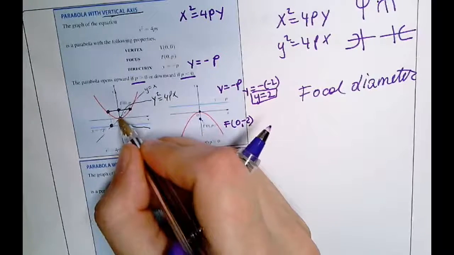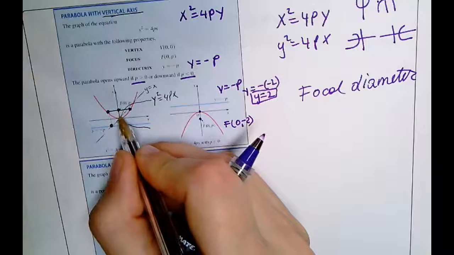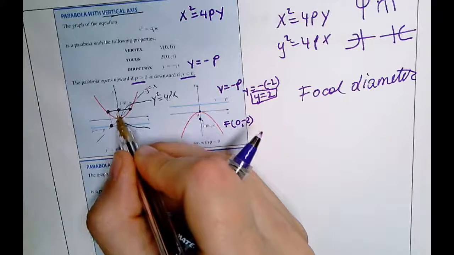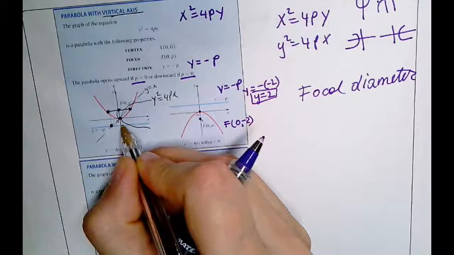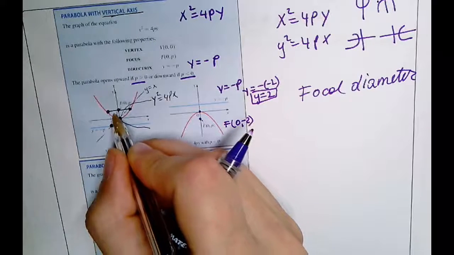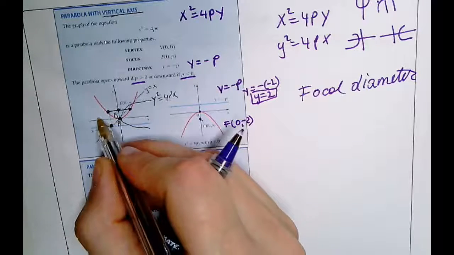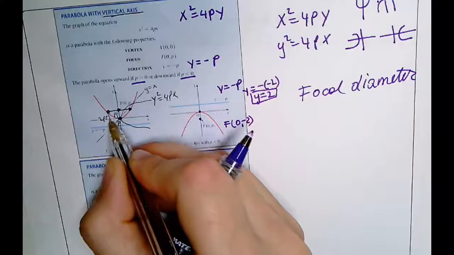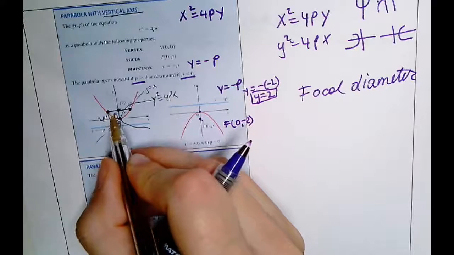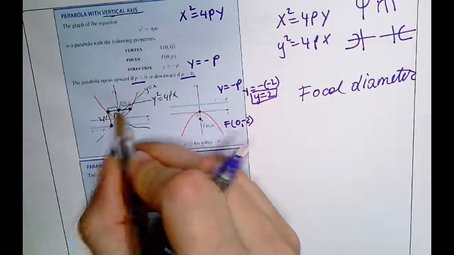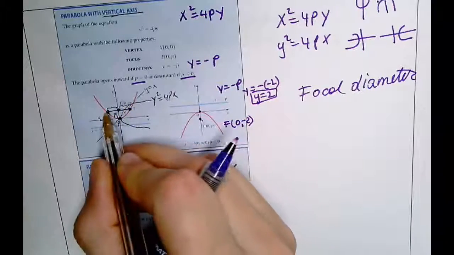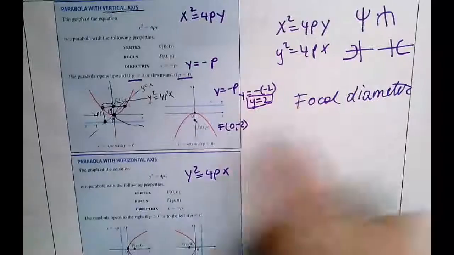If this is 0 and this is p right here, then this distance is p, and 0 is on the parabola, so the distance from it to the focus has to be equal to the distance from it to the directrix. So this one is also p right here. So this distance is 2p from here to here. So this is 2p and this is 2p. So this distance that is called the focal diameter is going to have to be 4p.